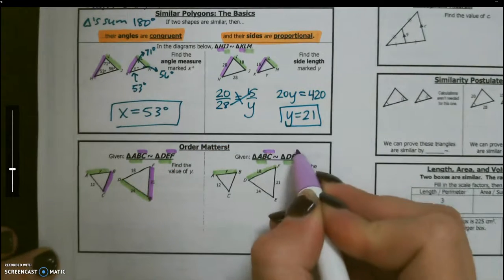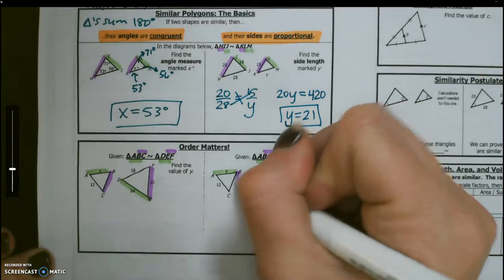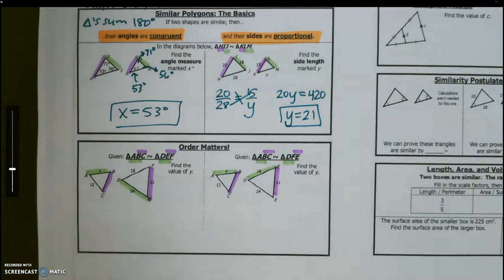And in this picture, BC corresponds with FE. We need to make sure that we're labeling the corresponding pieces correctly. Notice how our setup is going to be different in these situations since the similarity statement was different.